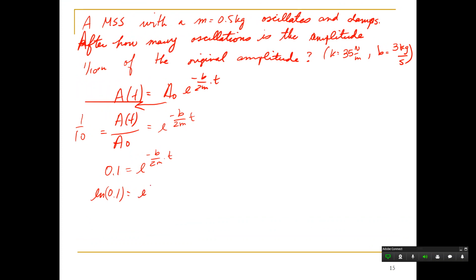So we're going to say that e to the negative b over 2m times t. So I got rid of that e now. And now it's just simple algebra to isolate t. So it's going to be 2m times the ln of 0.1 divided by negative b.